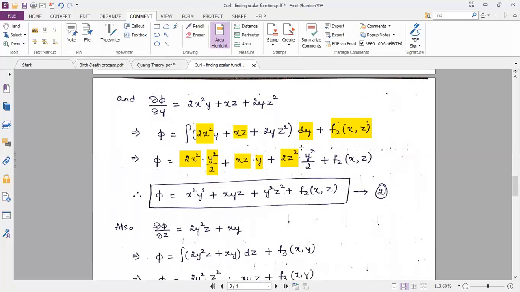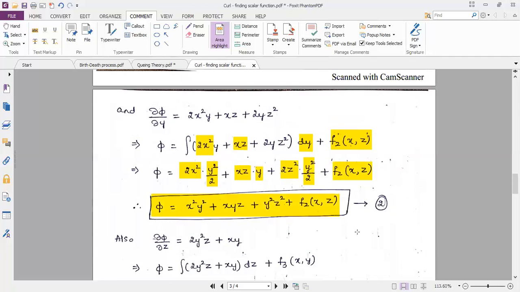Integration of y is y square divided by 2. Write down f2 of x comma z as it is. So simplifying this, another expression for phi we get is x square y square plus xyz plus y square z square plus f2 of x comma z. That's your equation 2.